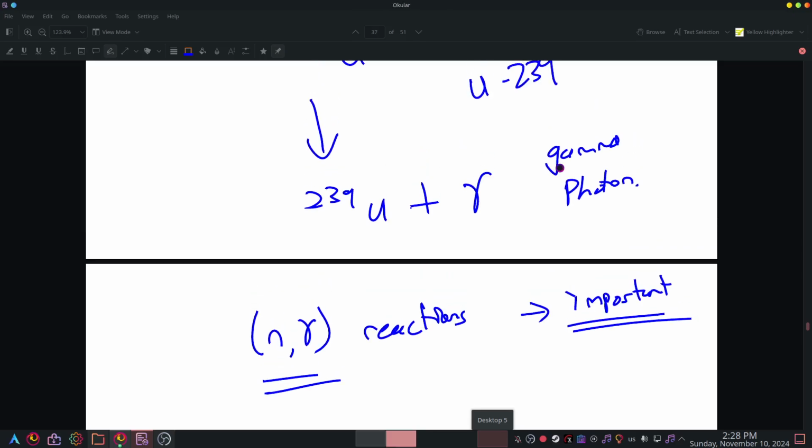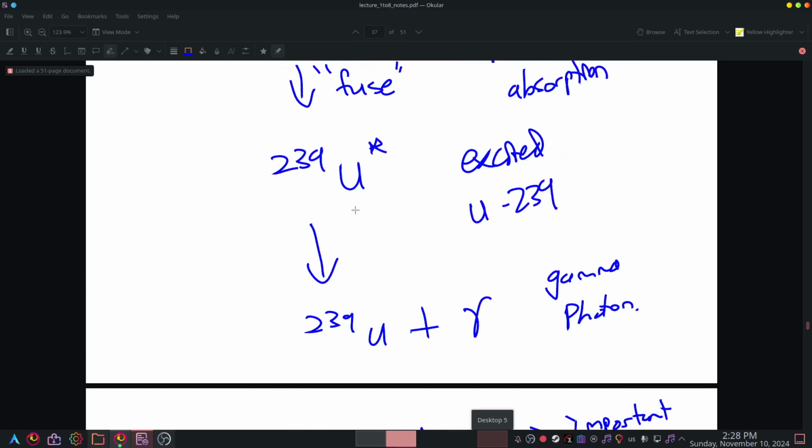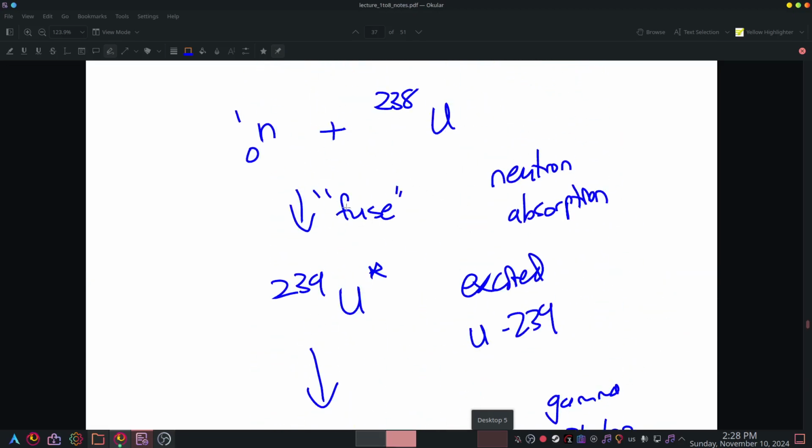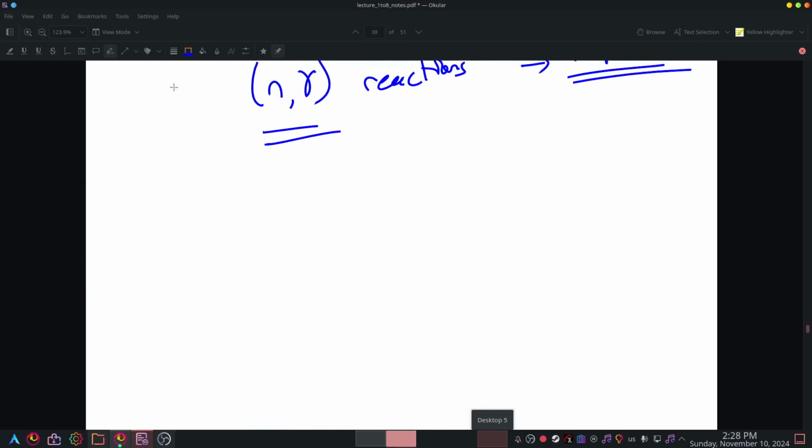So why did this neutron fusion process result in an excited state? We call it neutron absorption. We don't call it fusion, but it is effectively somewhat of a fusion between the neutron and some other nucleus.